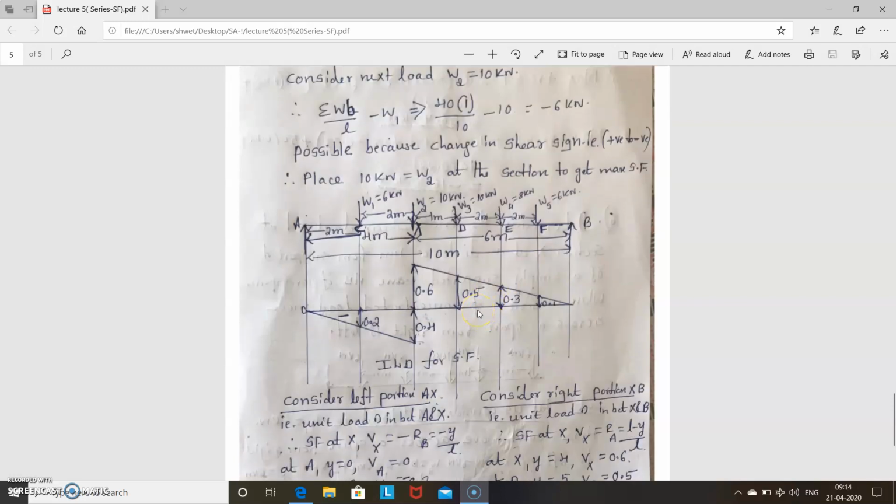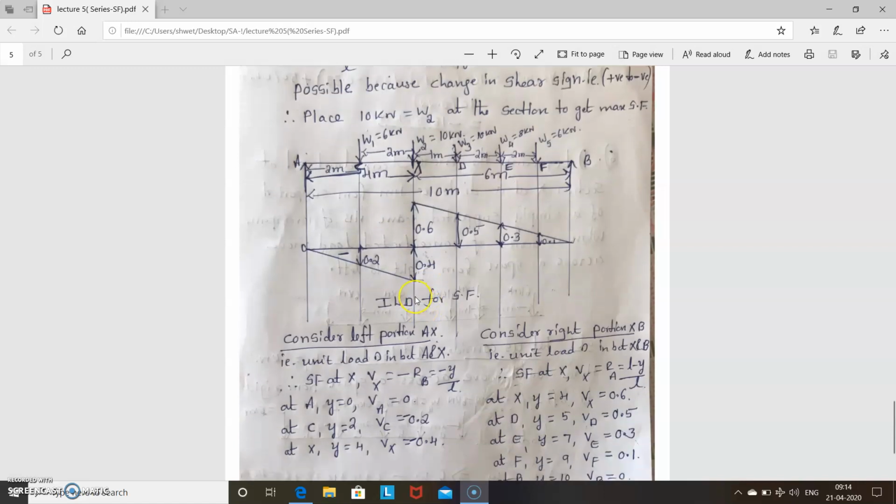Next, you have to find the ordinate values. Once you get them, just multiply each load with its ordinate value and you get the maximum shear force. All of you know by now how to find these ordinate values.